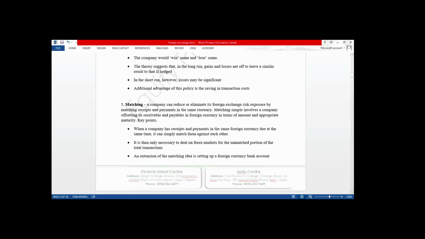Lastly, we have matching. Under internal measures, we have matching. Matching is closely similar to netting.